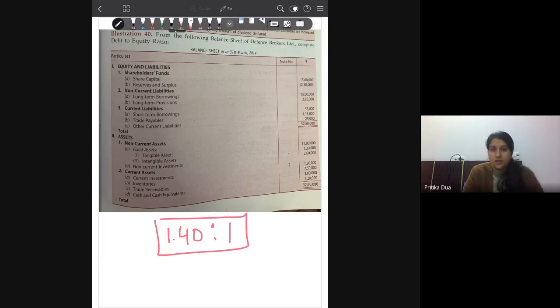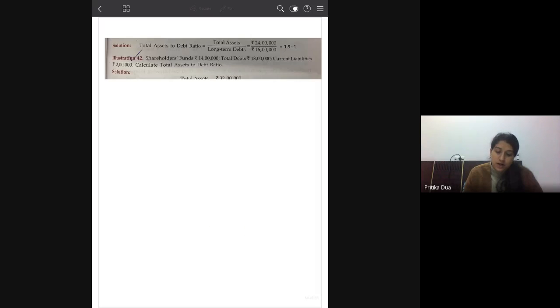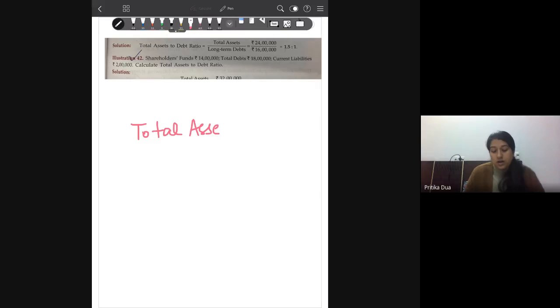Okay, so this was the first solvency ratio that we have covered. Now we come to the second solvency ratio, which is the total asset to debt ratio. I'll just write down the formula, though in this question you are given the formula also. Total assets of the firm divided by the long term debt will give you the asset to debt ratio.